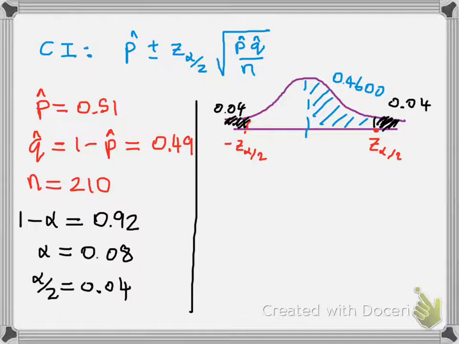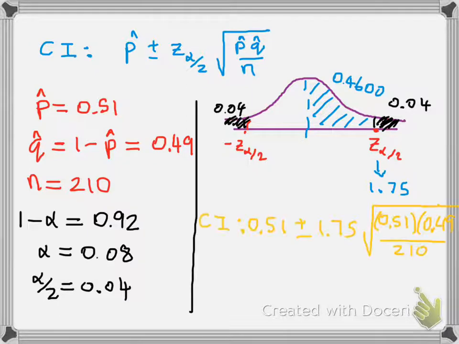And so in your Z table, you're going to look for the area that's closest to 0.4600. We talked about how to use your Z tables previously, so I will not be doing that here. If you look in your table of values, you will see that the Z value you're looking for is 1.75, which you can now use in your confidence interval formula.